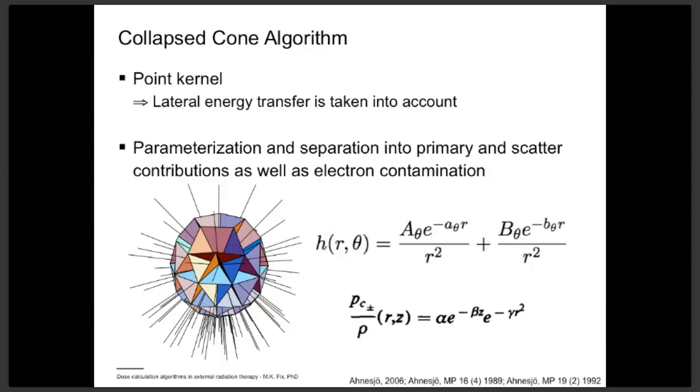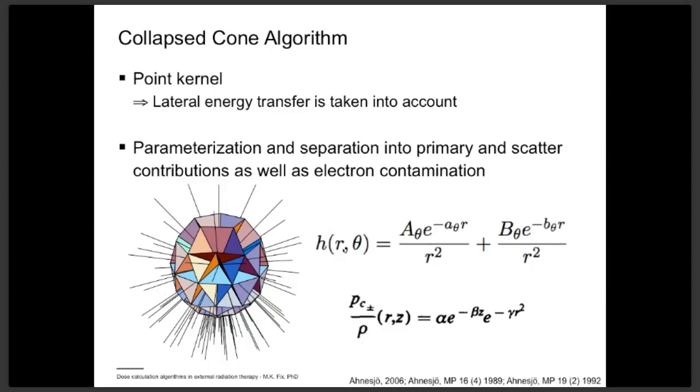So this energy deposition in the whole space gets collapsed on certain central lines of cones, and this gets then parameterized by this function.